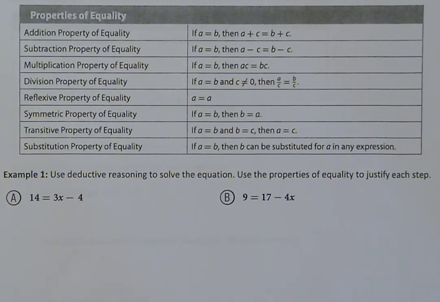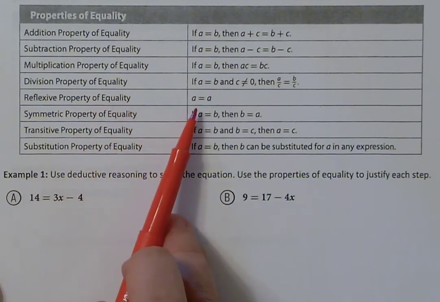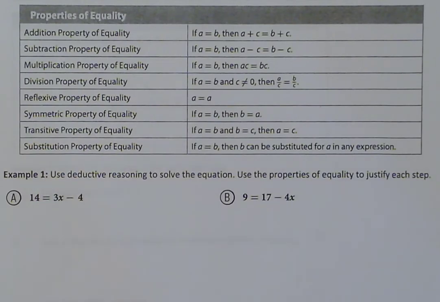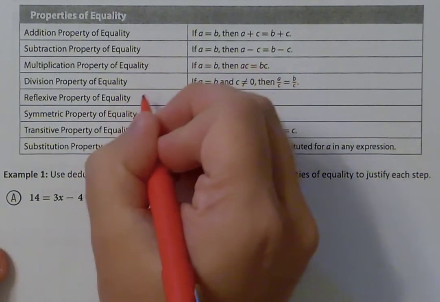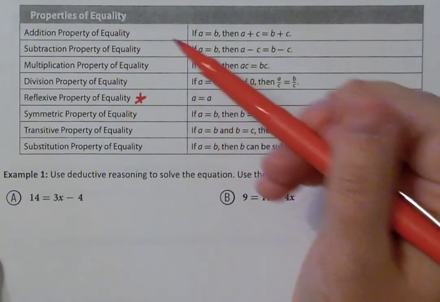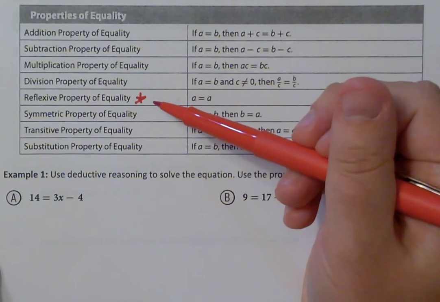All right, the reflexive property of equality is saying that something is equal to itself. So in this case, A equals A. And I know it seems really dumb to have to say a property to say that something is equal to itself, and I'm really going to highlight and star this property, because honestly, out of all these properties in geometry, this is the one you are going to use the most.